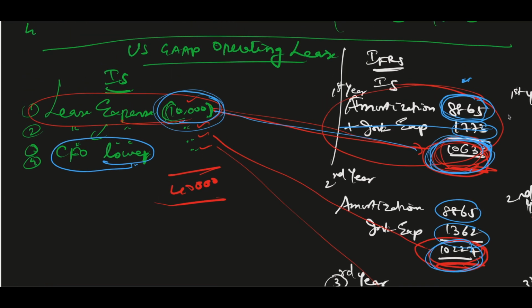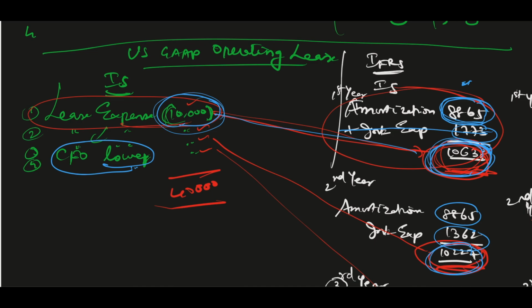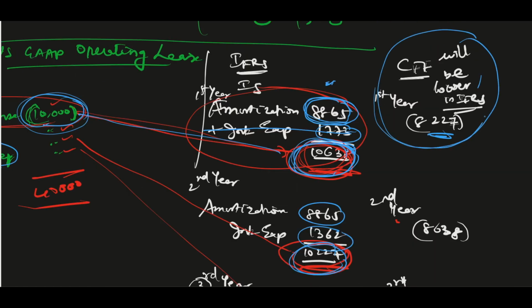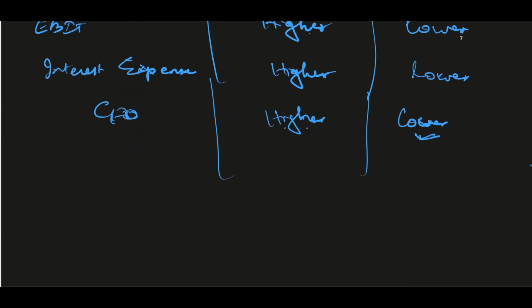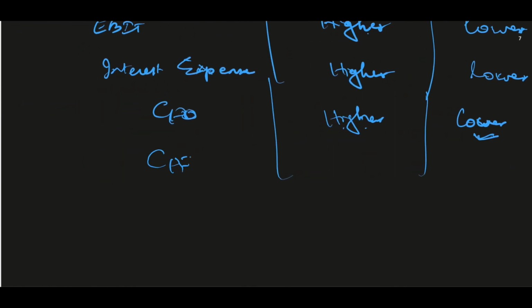Okay, right, this part, this principal repayment you will show will come under cash flow from financing. So from the cash flow from financing perspective, under financing you are showing more, so that's why your cash flow from financing will be lower.